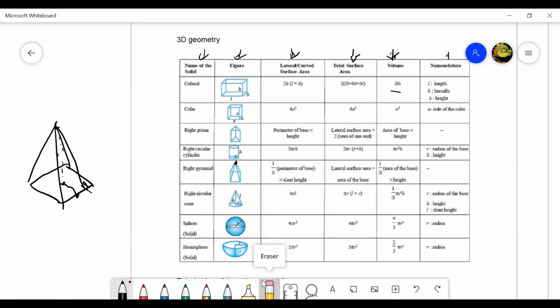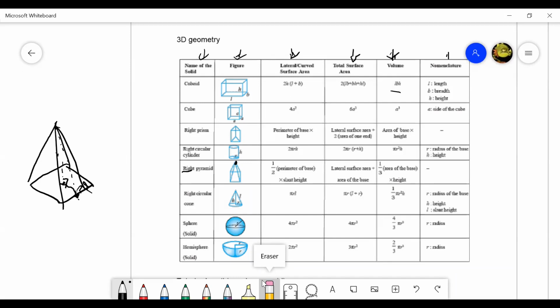Then the slant height would go down the middle of one of the faces and also connect to the midpoint of one of the sides. And this is the right angle because this is a right pyramid. So then you would use the Pythagorean theorem to find the slant height.